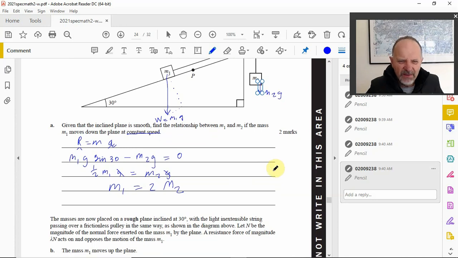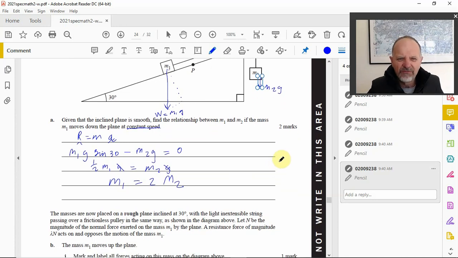All right, so the masses are now placed on a rough inclined plane, with the light inextensible string passing over a frictionless pulley in the same way as shown above. Let N be the magnitude of the normal reaction force on M1 by the plane, and a resistance force of gamma N newtons acts and opposes the motion of mass M1.